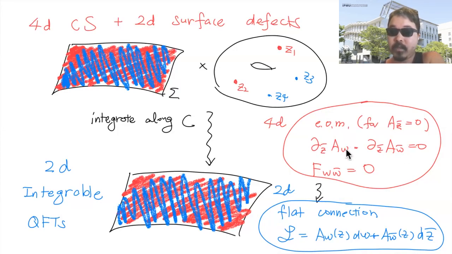This ensures that there is an associated flat connection, which is a Lax connection down in the 2D. So it automatically ensures the classical integrability of the theory. Then you can try to quantize the 4D coupled system, and you might hope for quantum integrability, although not all aspects of that are understood, but at least classical integrability is ensured from this construction.